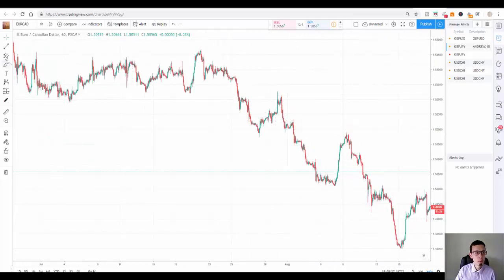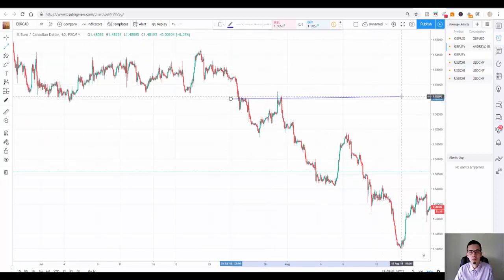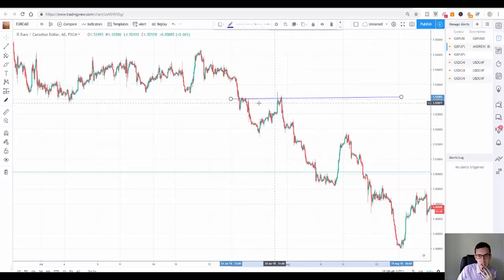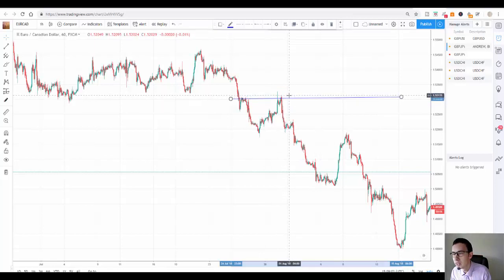Look, so the people will identify a resistance level here. So they see that this is the resistance level. They will make a sell trade at 1.53018, with a stop loss at a higher level, 1.53135, and they place the sell trade.